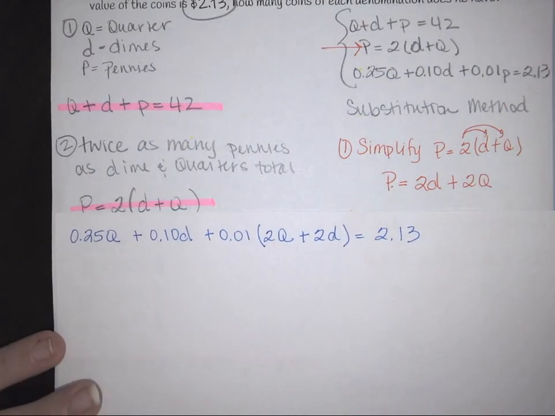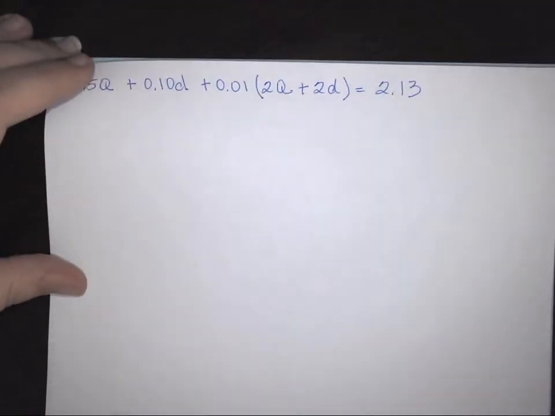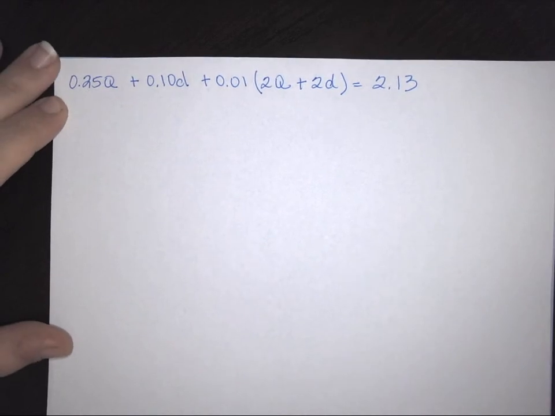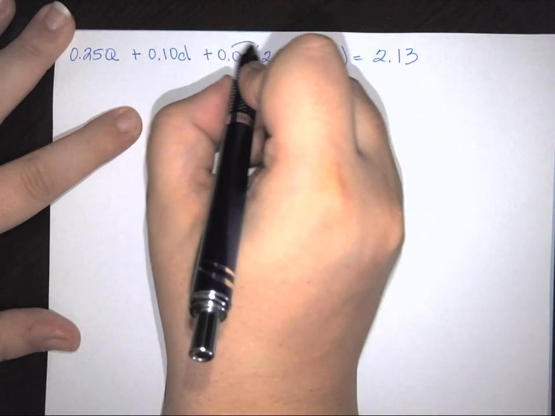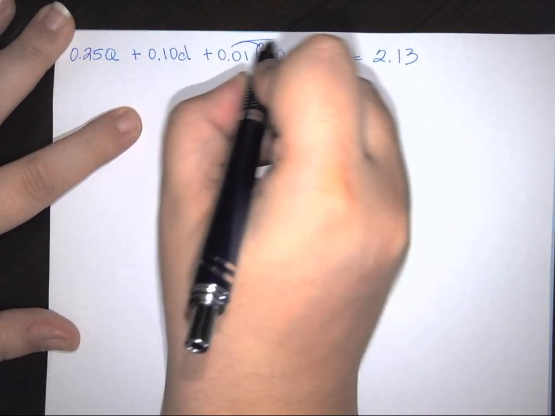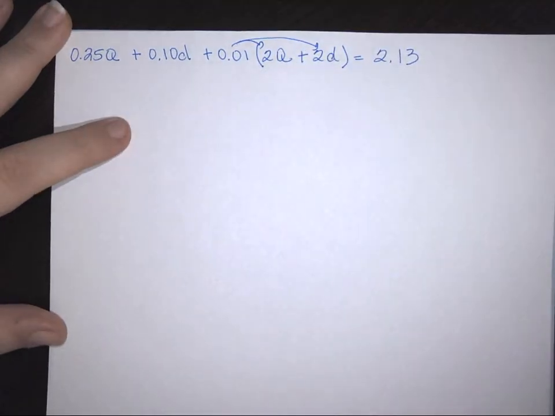Okay. So now we can go ahead and simplify this down. Let's go ahead and do that. Let me move this other one out of the way here. Alright, the first thing I need to do is I need to distribute through.